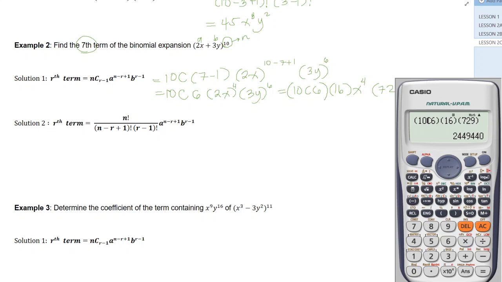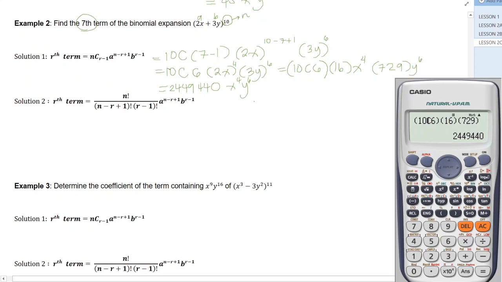So that is equal to 2449... So the seventh term of that binomial expansion is equal to 2,449,440 x raised to 4 y raised to 6. So that is the value for your seventh term. That is the coefficient for that one.